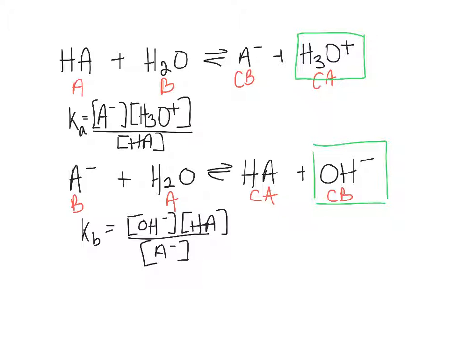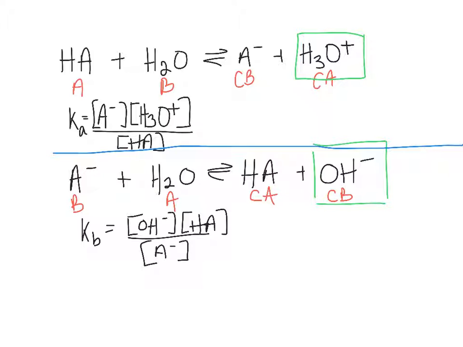How are these two equations similar? How is the top half similar to the bottom half there? They both have products over reactants. But what can you tell me about the species that are included here?